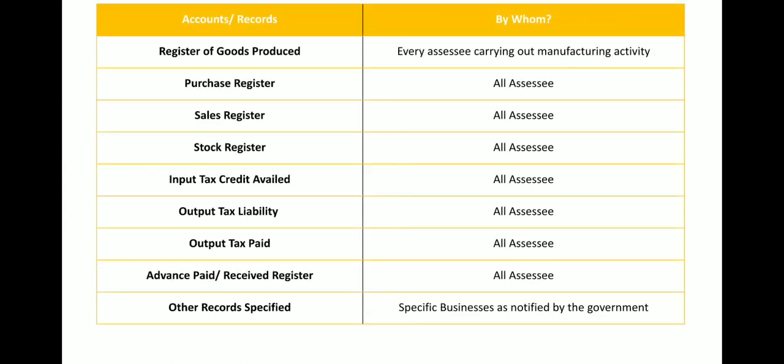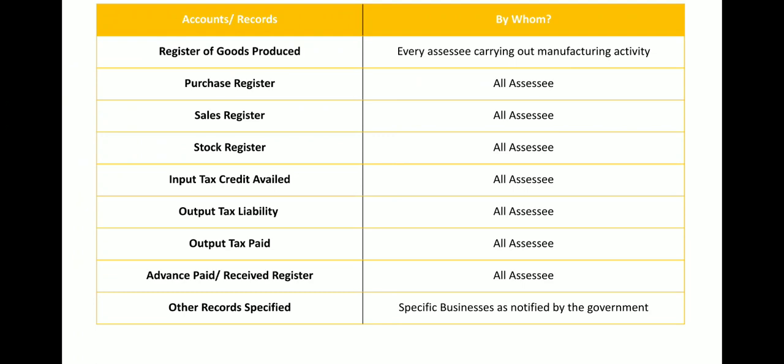And next, what are all the accounts and records to be maintained? Along with that first slide, here we have some other accounts and records: what accounts are to be maintained and for what purpose, and by whom each account is to be prepared and maintained.